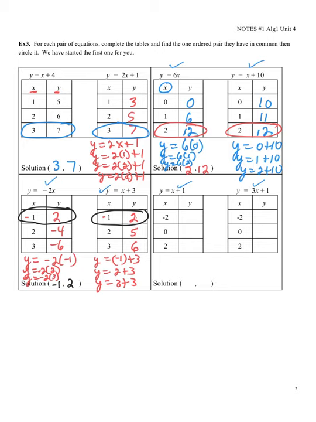And for the very last pair of tables, the procedure remains the same. Plug in for x, and you'll get 3, 1, -1. Plug in for x, follow the order of operations, and get your answer, which is y.